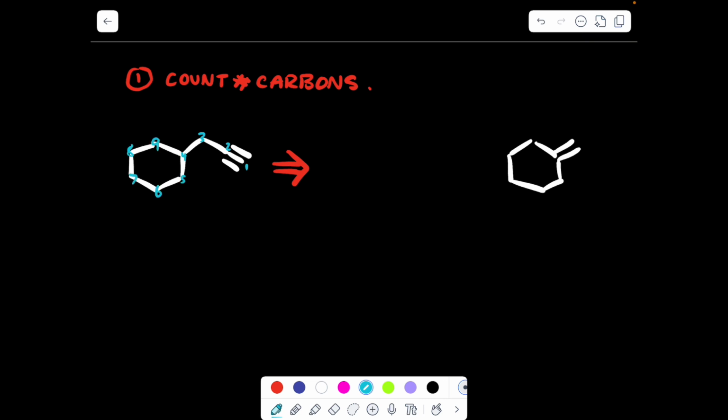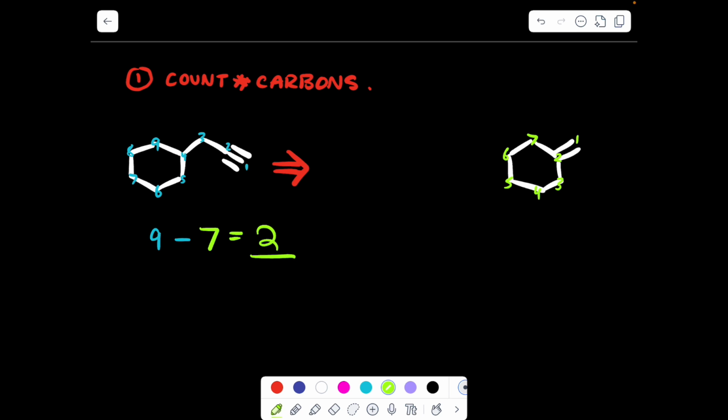There are 9 carbons in the product, versus in the starting material, there's 1, 2, 3, 4, 5, 6, 7. So what is 9 minus 7? Well, 9 minus 7 is equal to 2. Therefore, my first chop is going to be something that breaks off 2 carbons.